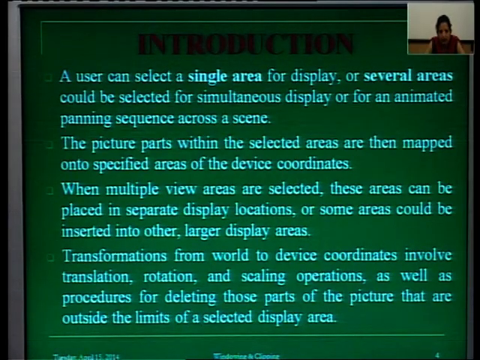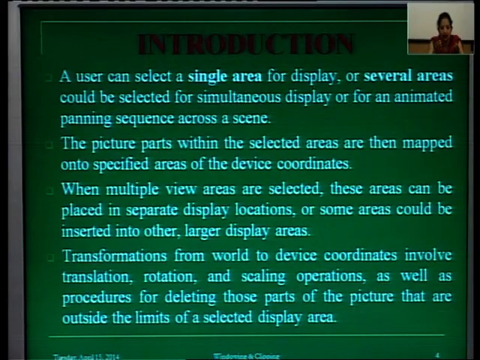When multiple view areas are selected, there is a question of how they will be placed on the display locations. These areas can be placed in separate display locations, or some area could be inserted into another larger display area, that is a nesting of the scenes into one another. Then the transformations from world coordinate to the device coordinates involve translation.